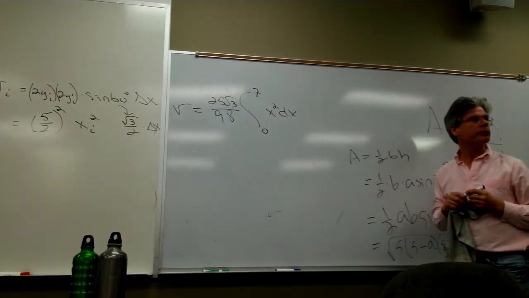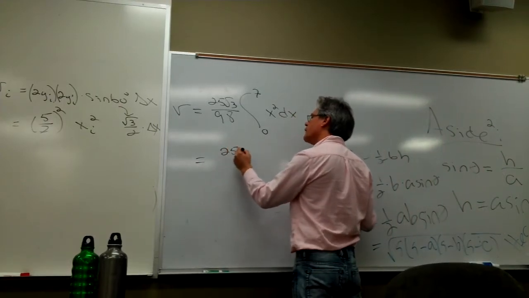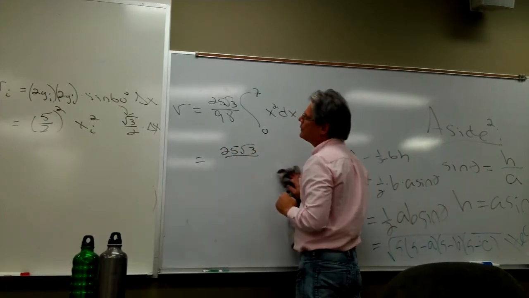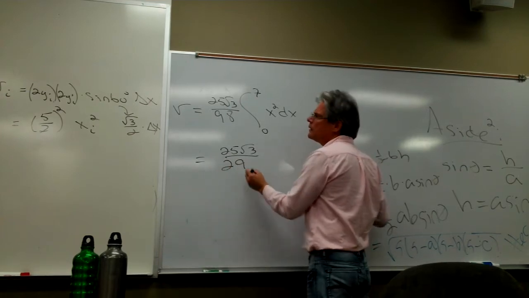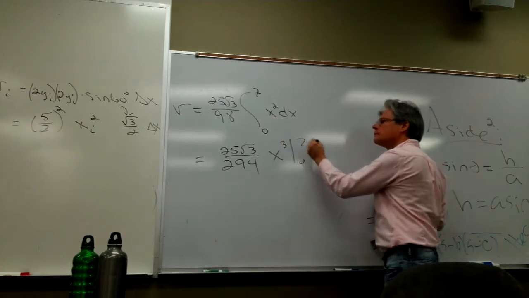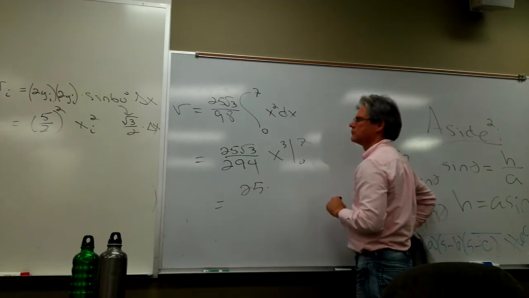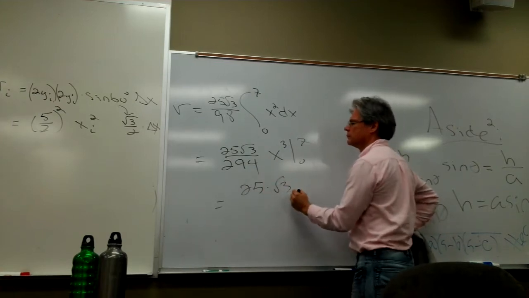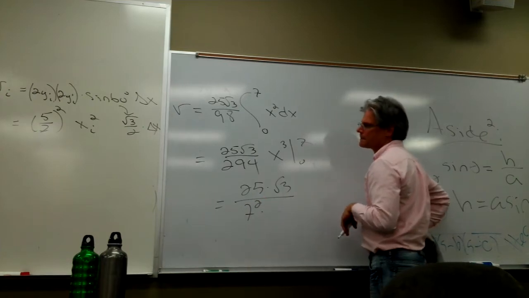Everybody there? Does that give me in the end 25 root 3 over, I don't know, you guys help me with this. Is that 294 times x cubed from here to here? You guys are making me do all the work. Yeah, I got you.